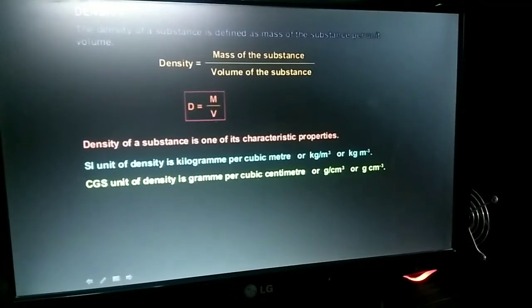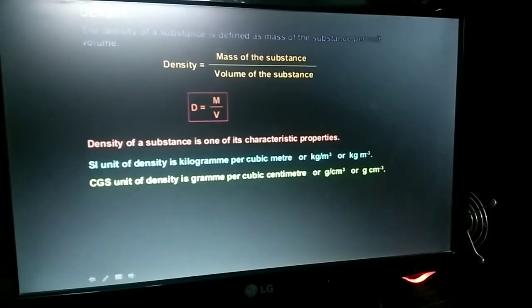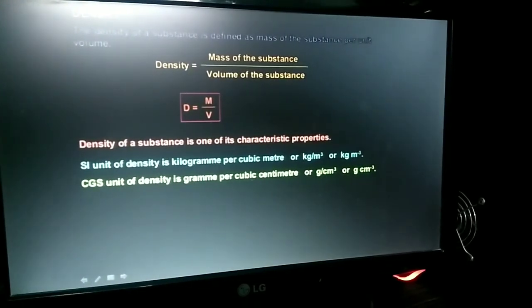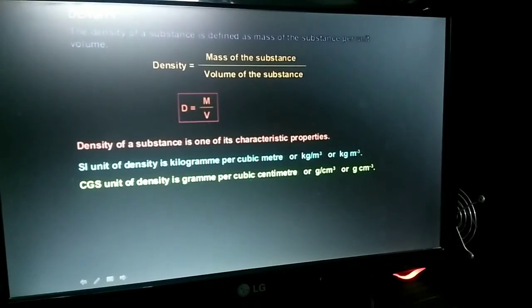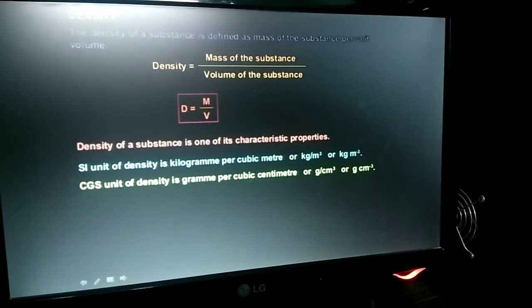D equals m by V. Density of a substance is one of the characteristic properties. SI unit of density is kilogram per cubic meter, or kg per meter cube, or kg meter inverse cube. CGS unit of density is gram per cubic centimeter, or grams per cc.